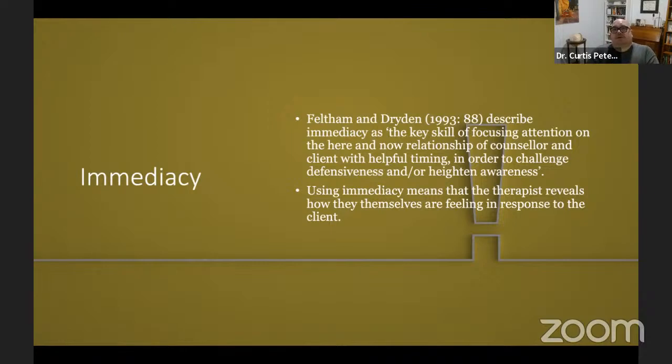But it also allows the client to hear right then, right here, right now, this is how I felt when you were saying X, Y, and Z. And we'll have, in the last part of class, some examples of where counselors have had to use immediacy to bring back the focus to we're here, we're in this group.